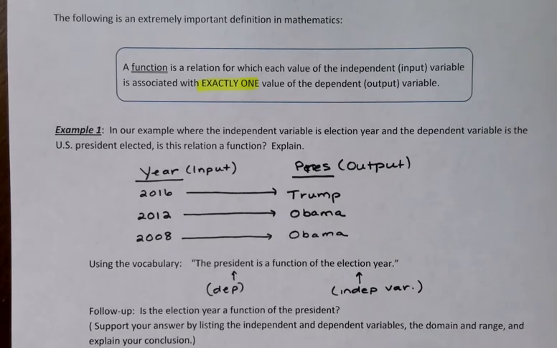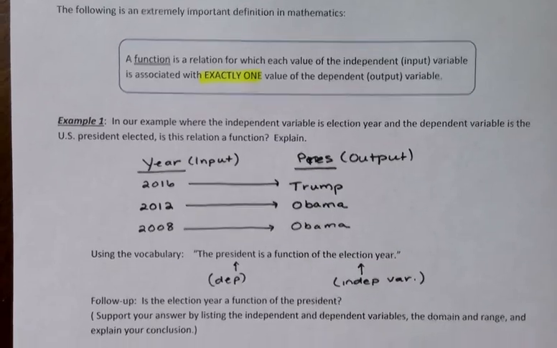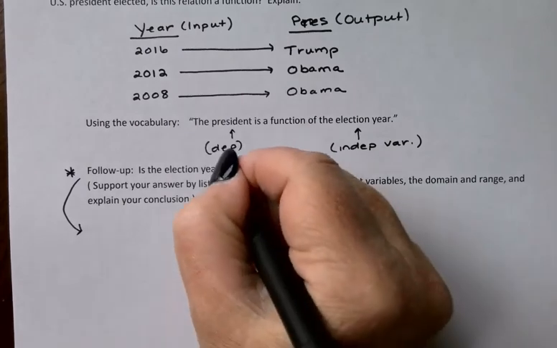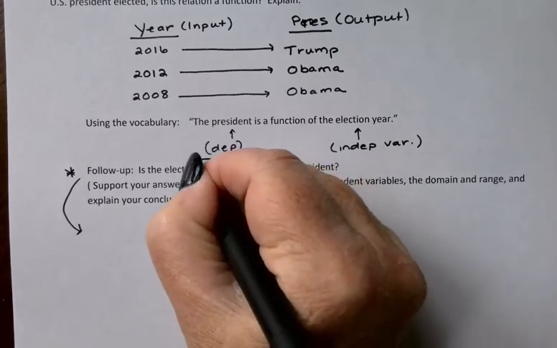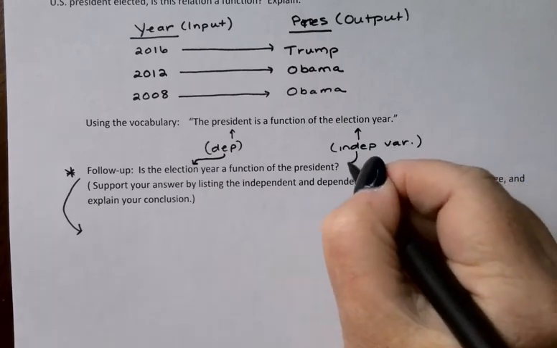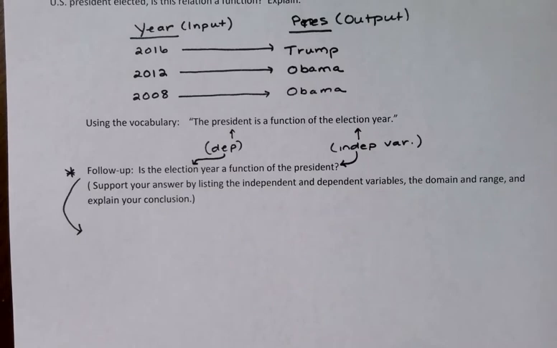All right, let's ask ourselves a related question. What if we switch the roles of the independent and dependent variables? What if I'd like to ask the question, is the election year a function of the president? So by asking the question this way, I've now said, let's use the election year as the dependent variable and the president as the input or independent variable.